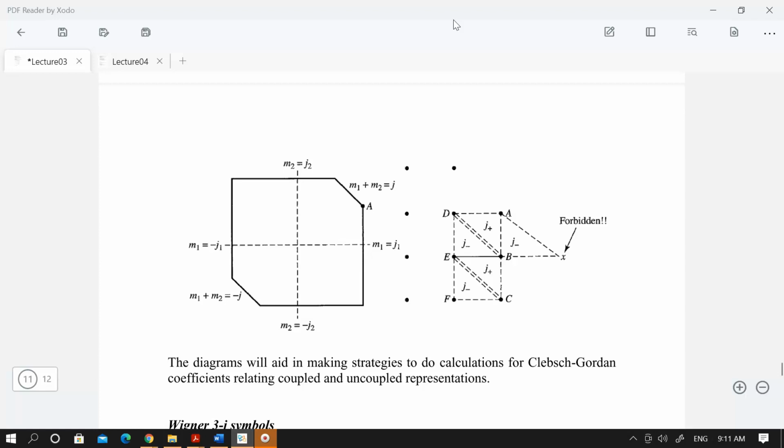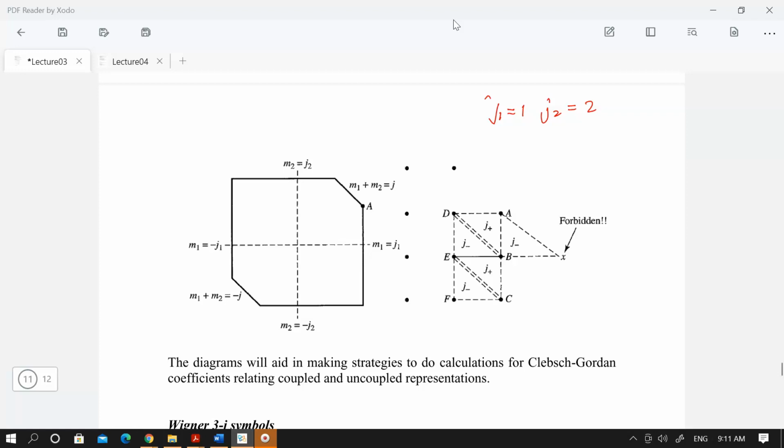So let's just think of what happens in the case of J1 equals 1, J2 equals 2, like the one that we had earlier. For this you'll find that your J2 here will be -2, -1, 0, 1, 2, and then J1 will be -1, 0, 1.